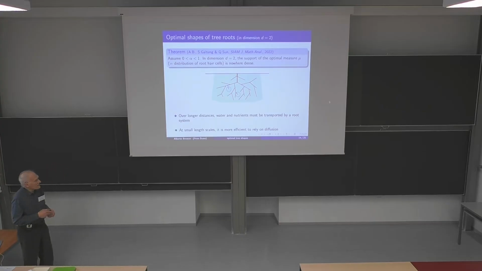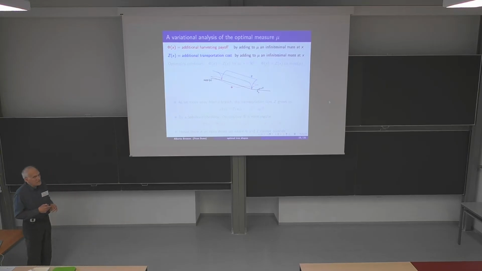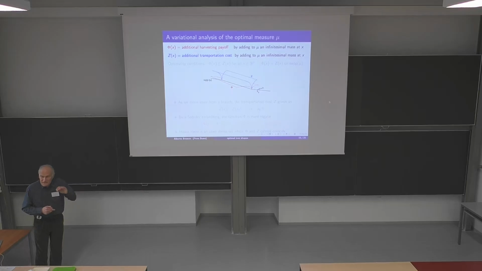You can think like this. And this is one of the deeper results, that is obtained by a careful analysis of optimality conditions. So, let's say I have an optimal measure mu, and then I make a small variation. I test optimality by performing a small variation. So assume that I add an infinitesimal mass located, let's say, at the point x.